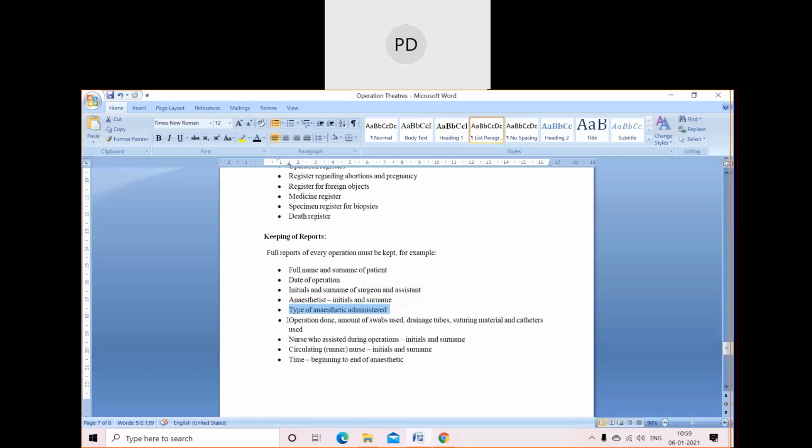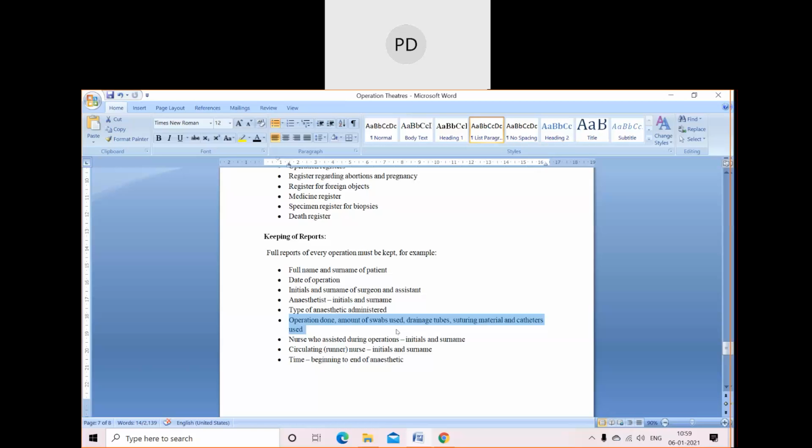Okay, and the operation done, amount of swabs used, drainage tubes, suturing material, and catheters used. You have to remember how many swabs are used, how many suturing materials are used, and what kind of catheters and how many.